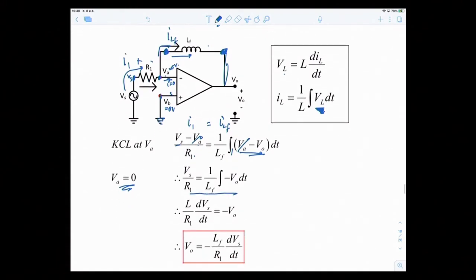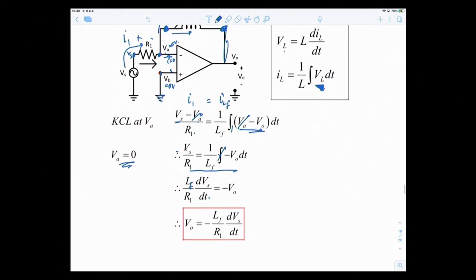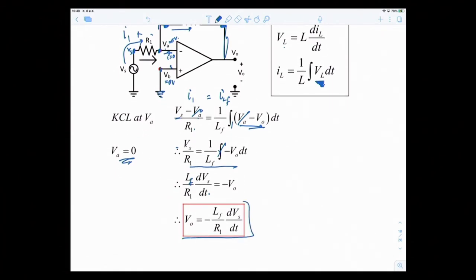You want to get rid of the integration, so you differentiate both sides. You differentiate dVs dt, and when you differentiate an integration, it's gone. LF goes up, so your Vout becomes minus LF over R1 dVs dt.